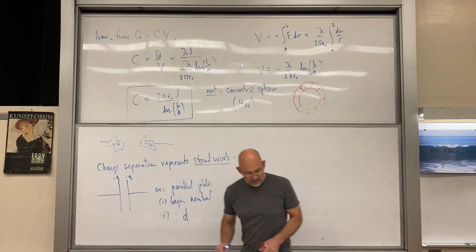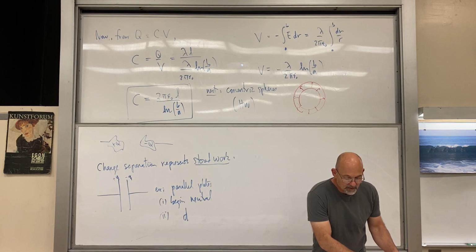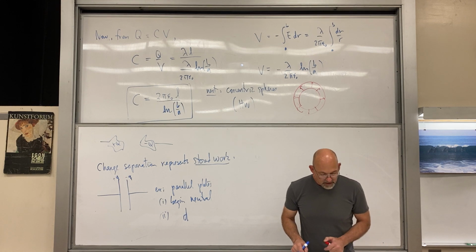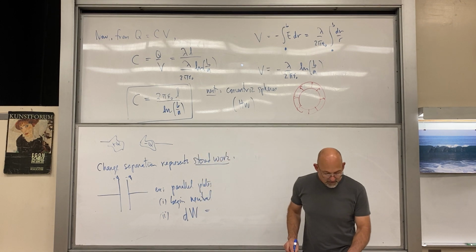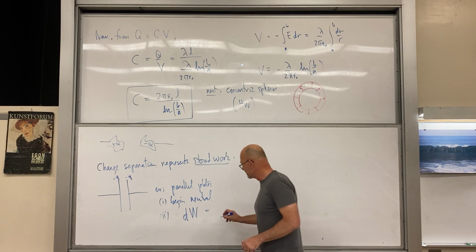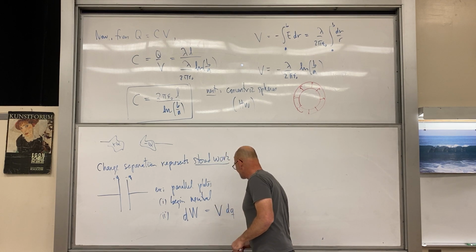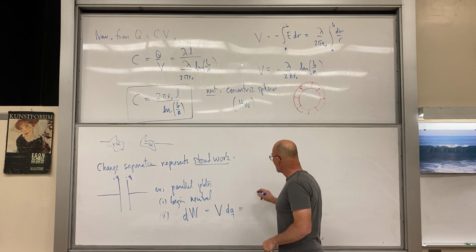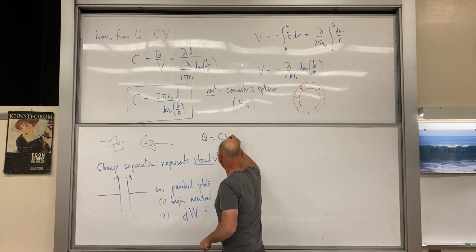Then, I'm using the letter W, fine. So dW is going to be V dQ, and remember I had Q equals CV.